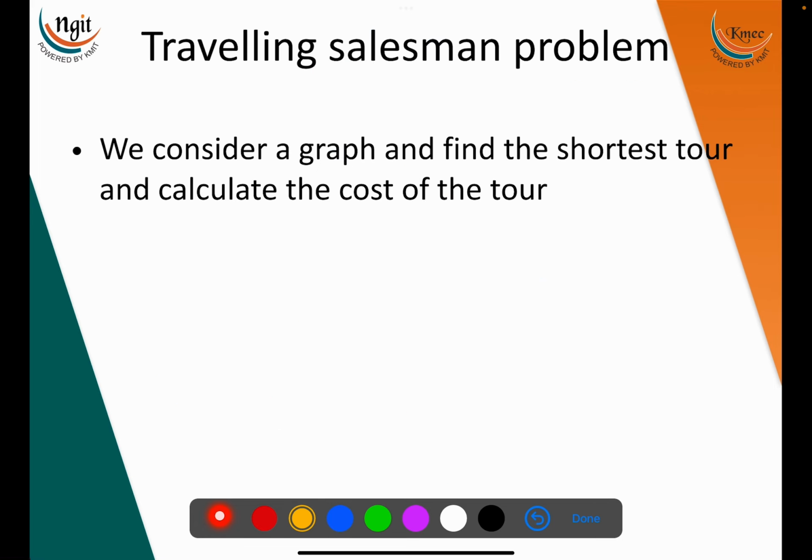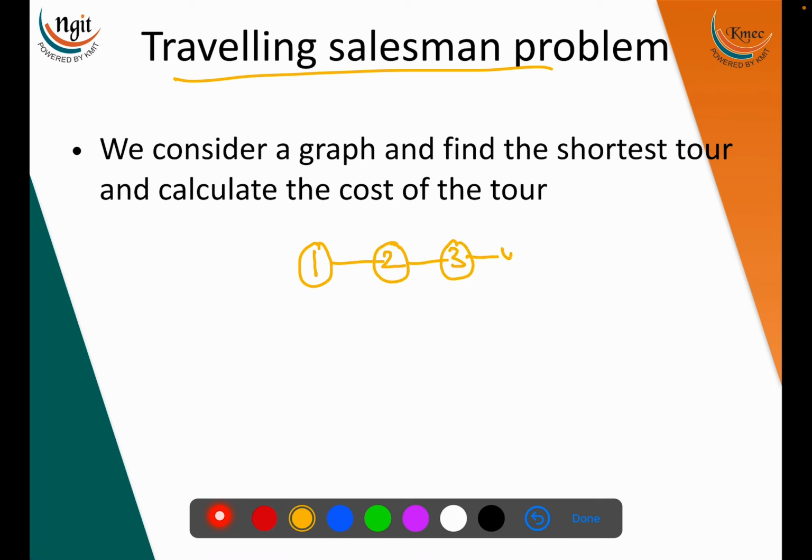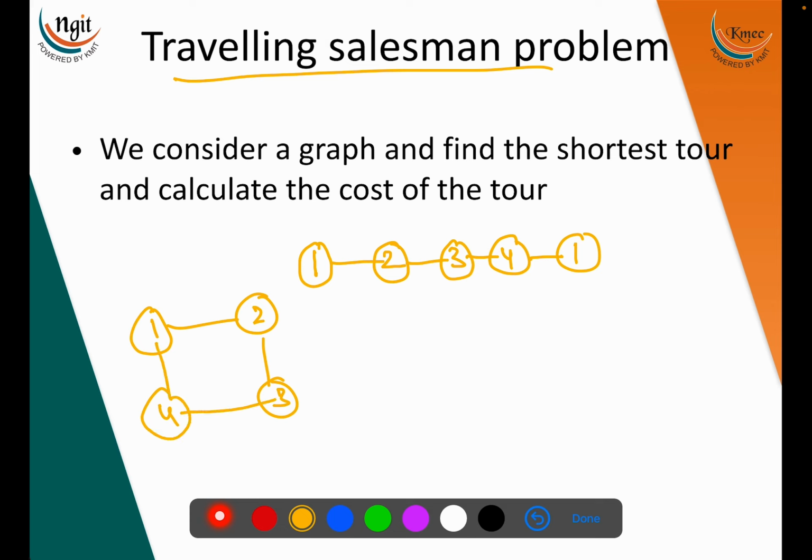Now let's get started. What is the traveling salesman problem? You have to find a path by visiting all the vertices of a graph, and the tour has to finish where you started. Let's take an example graph. This is the graph.